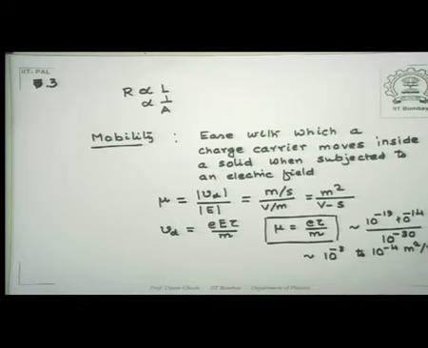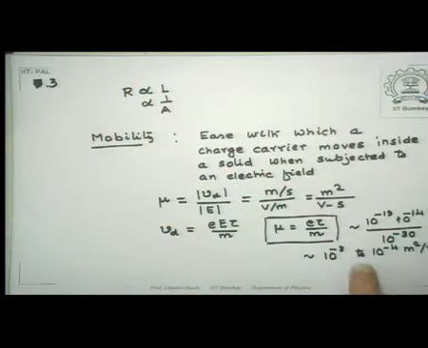So it is very important to realize that though I said mobility is the ease with which the electrons move in the presence of an electric field, the value of mobility in the case of conductors is actually not very much.